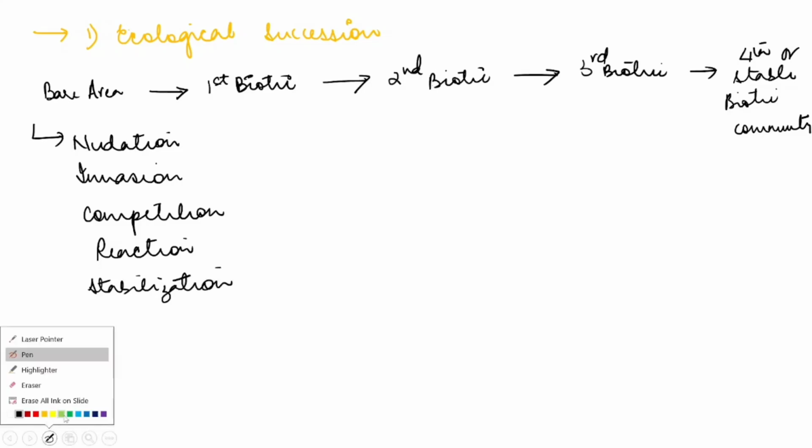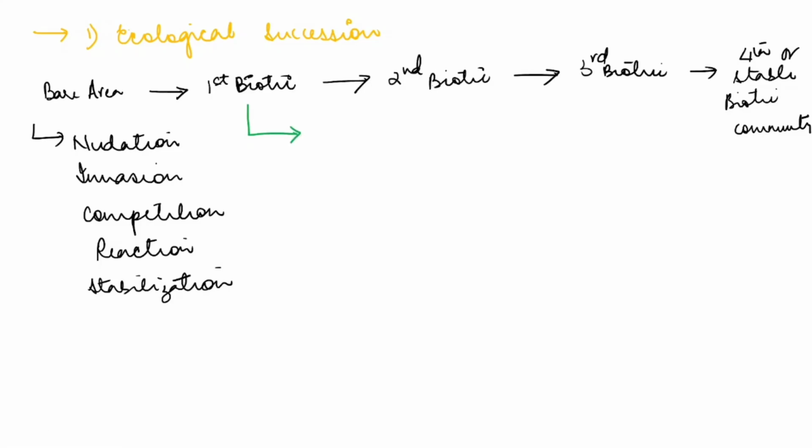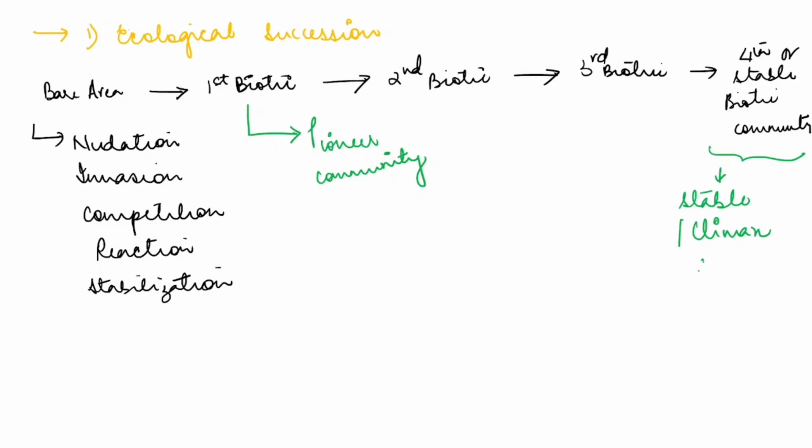And the first biotic community which gets established on the bare area, we call this community the pioneer community. This pioneer community is again replaced by second, third, and at last there is an establishment of a stable community. We call it the climax community.